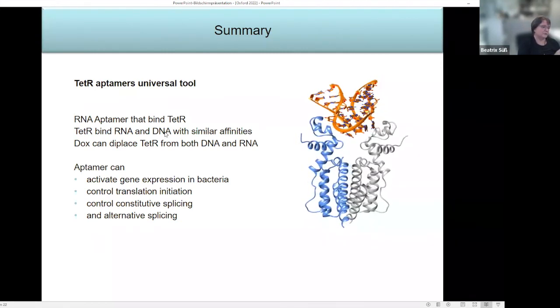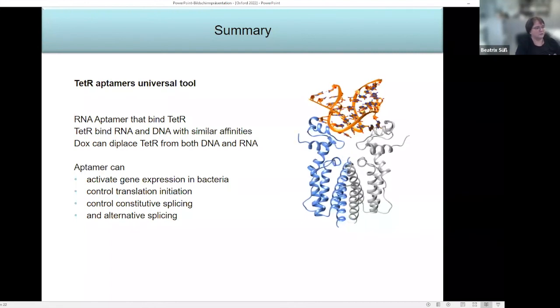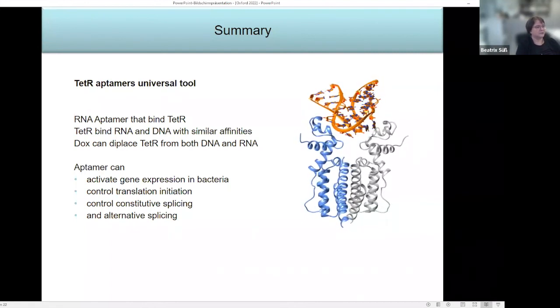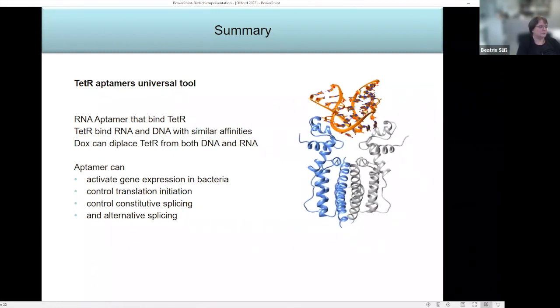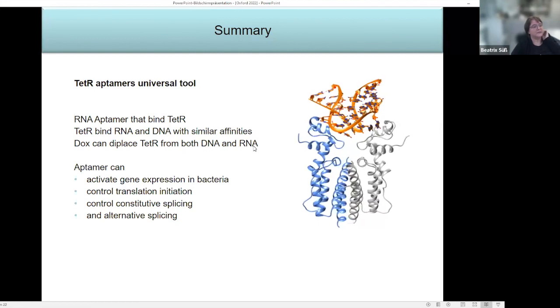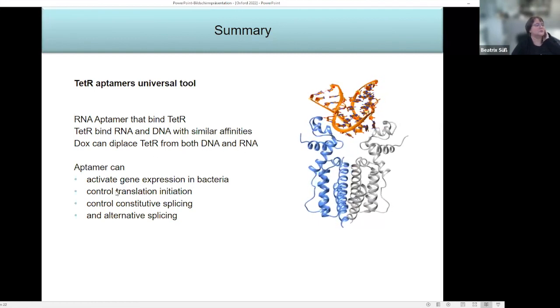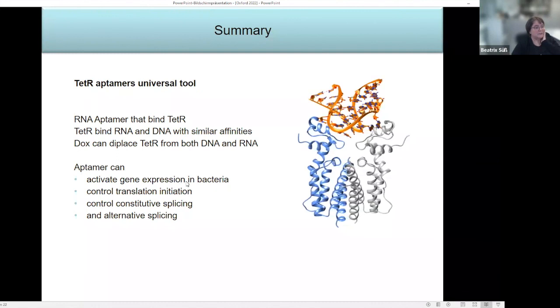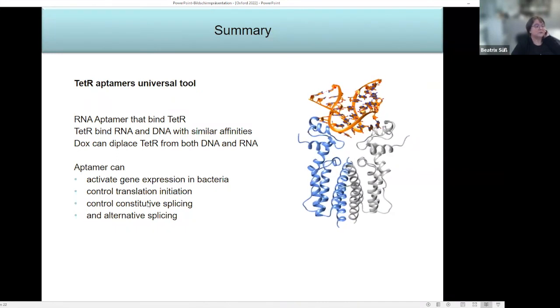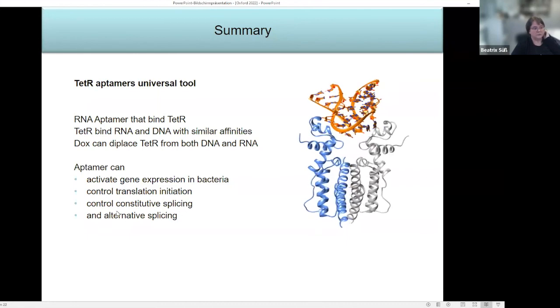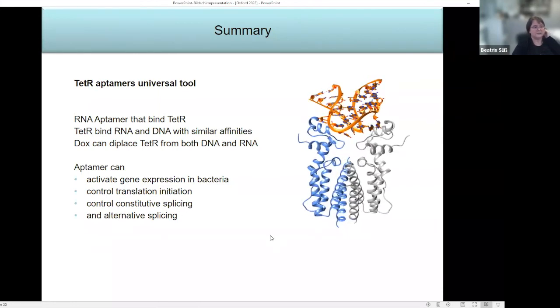So you can use RNA to destroy the DNA binding, and you can use DNA to destroy the RNA binding. Yeah, so doxycycline can displace TET-R from both the RNA and the DNA. And so we can use this to activate gene expression in bacteria, to control translation initiation, to control constitutive splicing, or also alternative splicing. And with this, I'm at the end.